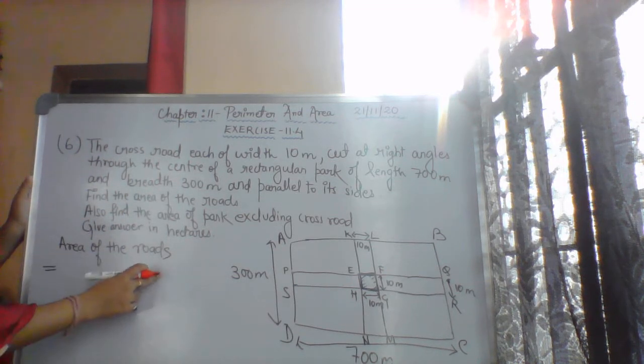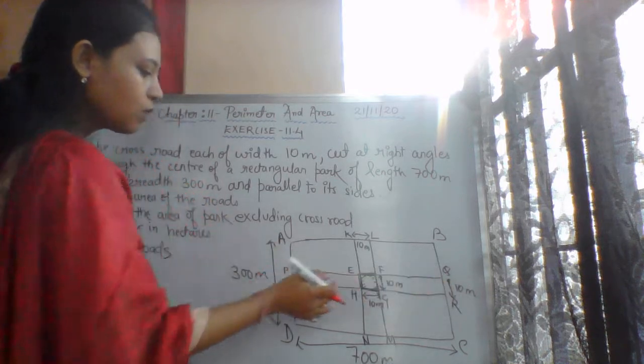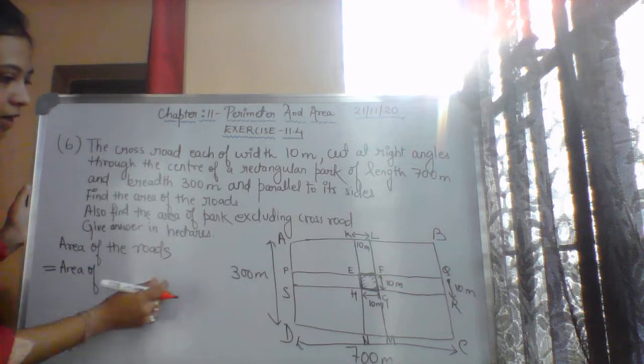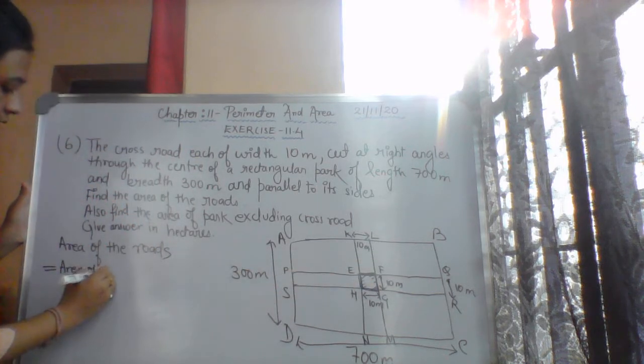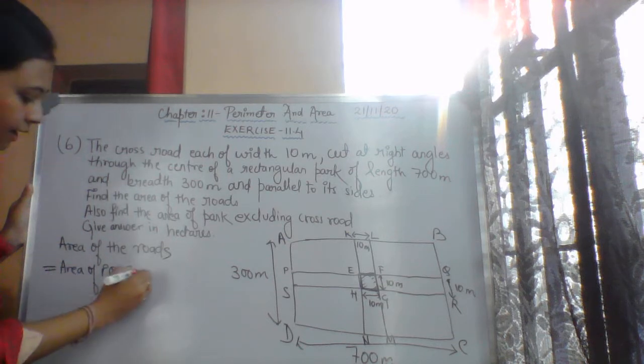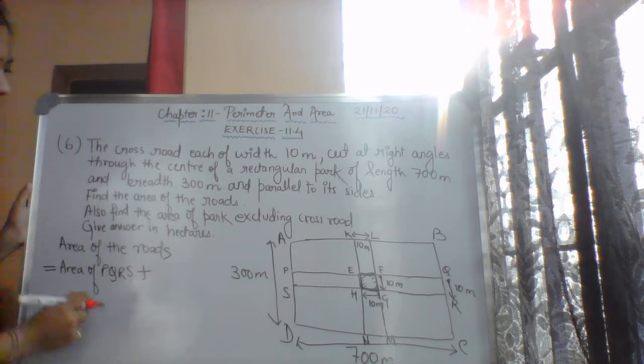So area of the road means this road. What is the area of that road? Area of P, Q, R, S, plus which road do I want to add again?